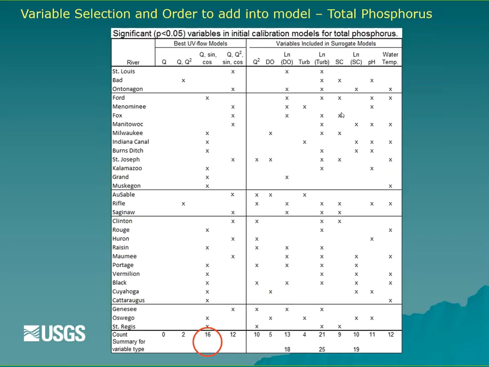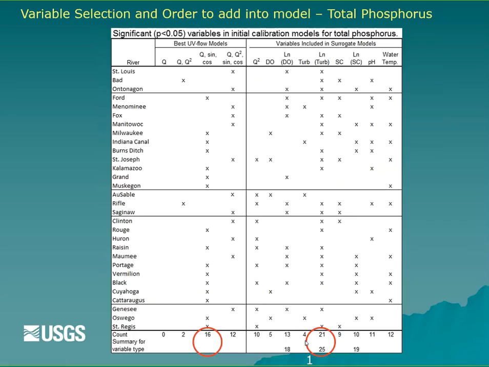So we tested all of these, we threw those all into a multivariate regression and tried to see which variables were important. The one that was important in most of the sites was turbidity, and when we looked at that, we looked at turbidity and log turbidity, and the one form of that that was most consistent was log turbidity. So that was the first variable that we added to the equation.